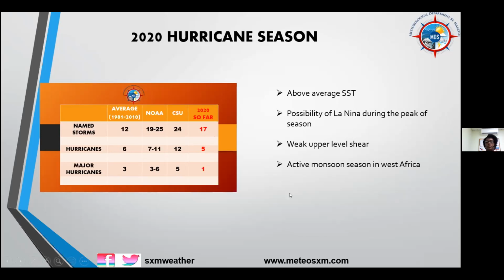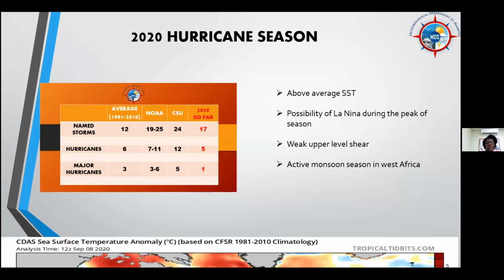The reasons why we have such an active season are listed here. One is because so far the sea surface temperatures are very warm over the Atlantic and the general area where storms form. We also have, let me show you, this was taken yesterday.